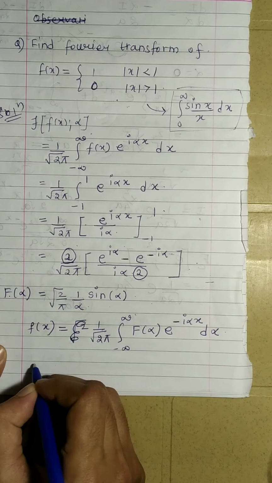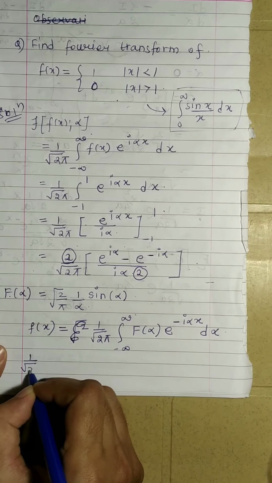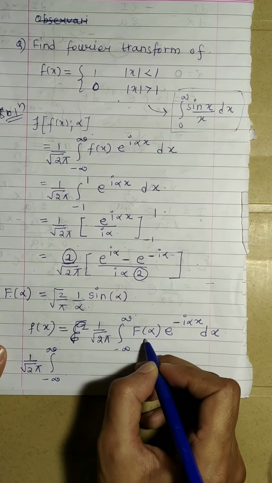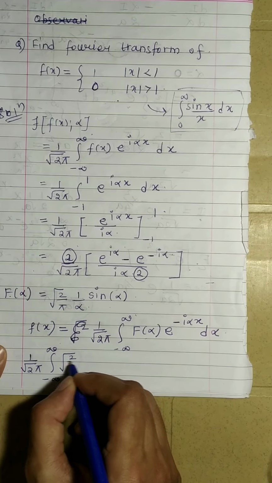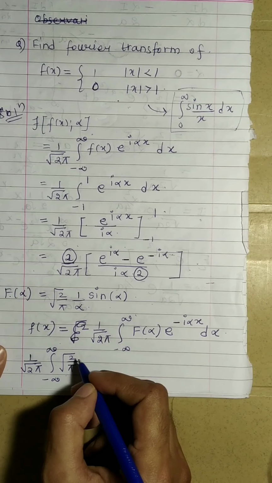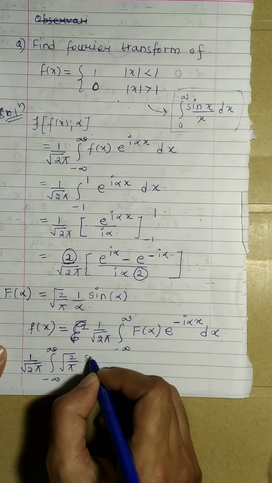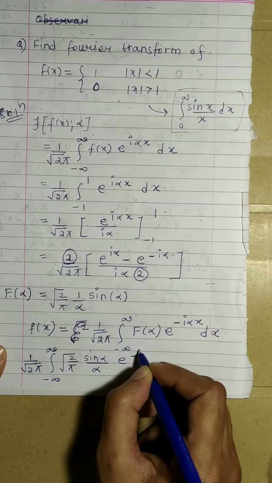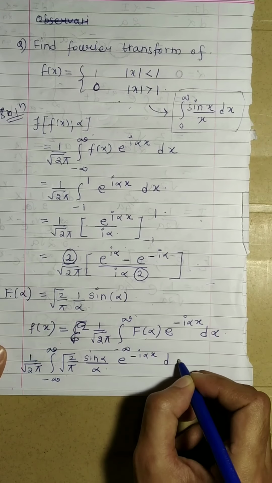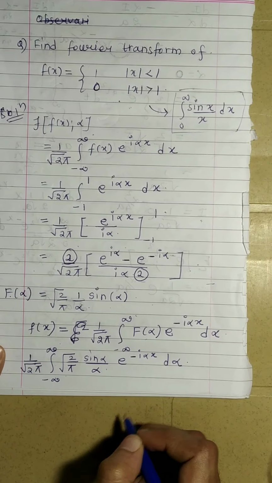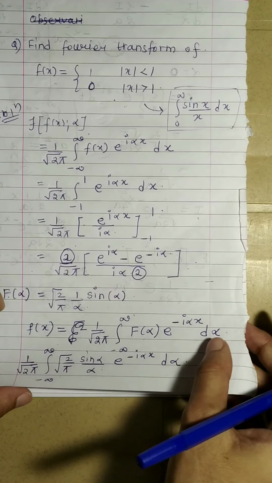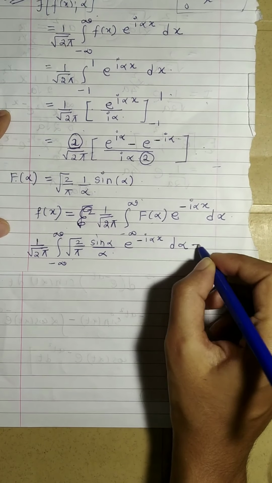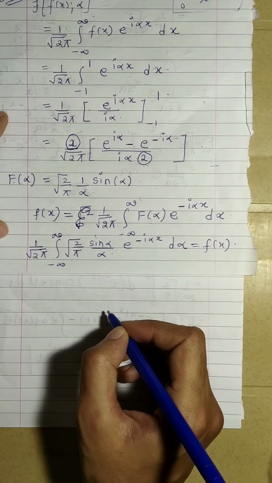That means 1 upon root of 2 pi integral from minus infinity to infinity f of alpha, which is root of 2 by pi sine alpha by alpha, into e raised to minus I alpha x d alpha, which is equal to f of x.